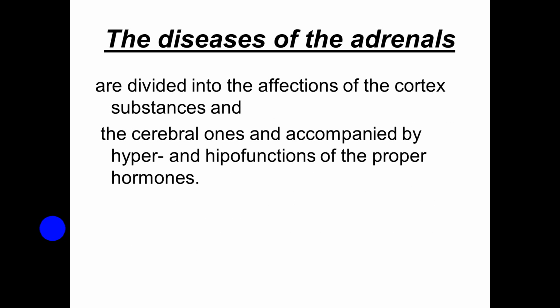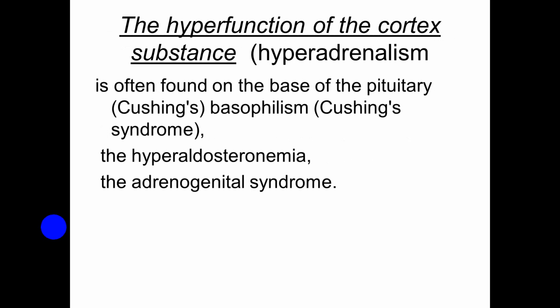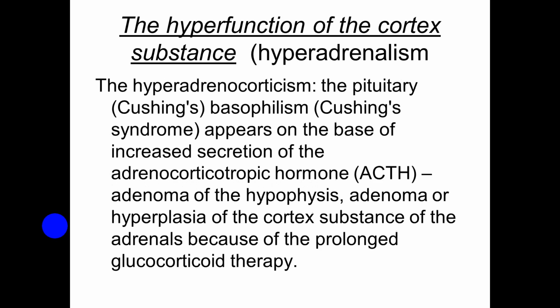Diseases of the adrenal glands are divided into affections of the cortex substance and the medullary ones, and are accompanied by hyper- or hypofunction of the proper hormones. Hyperfunction of the cortex substance, or hyperadrenalism, is often found in pituitary Cushing disease, Cushing syndrome, hyperaldosteronism, and the adrenogenital syndrome.